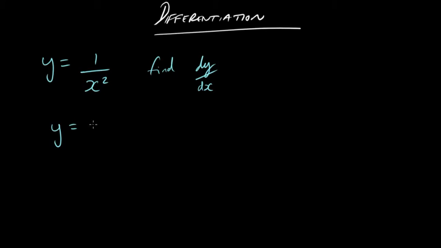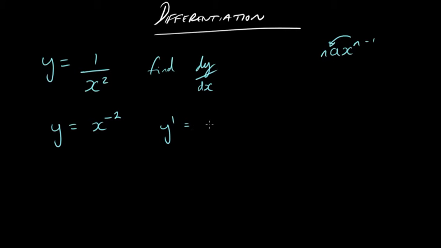So we may as well jump in and try and work out some derivatives of things that we may be given. For instance, you may have a function y is equal to 1 over x squared, and it may ask you to find dy dx, so find how y changes as x changes. But it's a little bit difficult here because you can't really see what the power of x is. So we'd rewrite the original function as y is equal to x to the minus 2, and now it's much easier to find dy dx or y prime, because remember, when you've got ax to the n, to find a derivative you bring the n down and you take 1 off it.